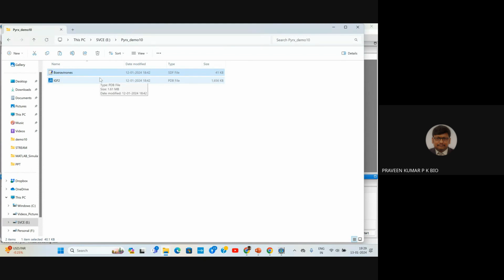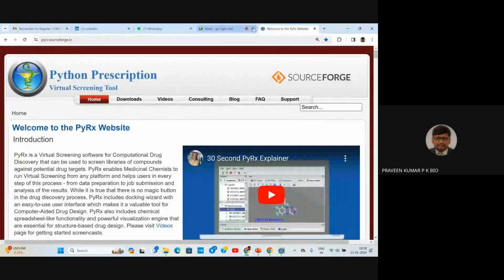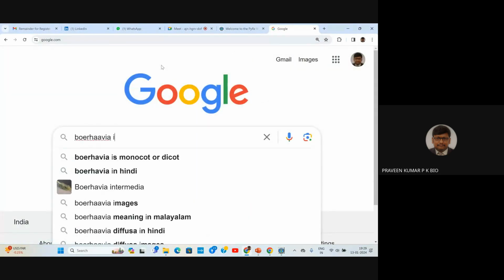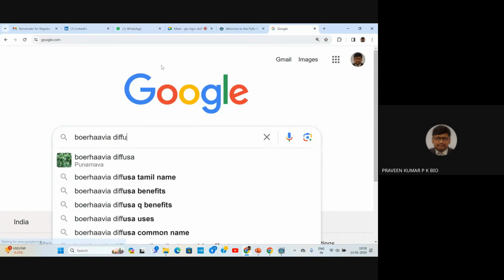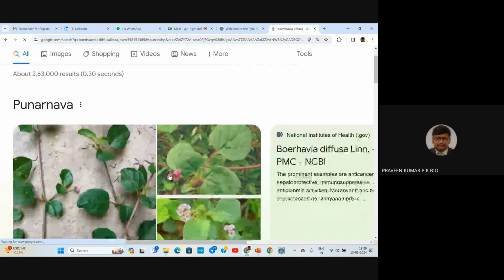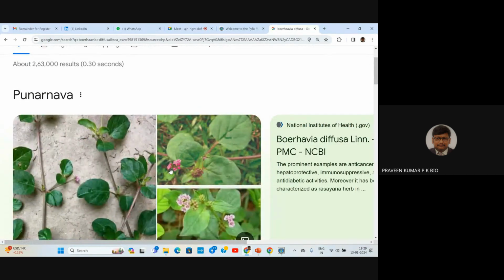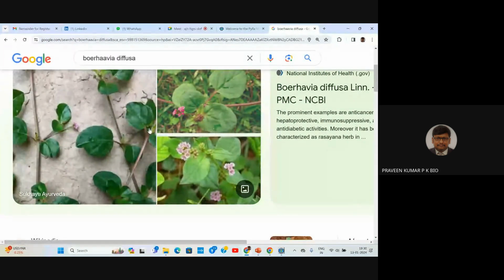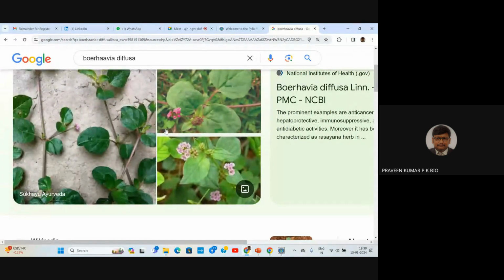This plant is generally used for reducing kidney stones. Even myself, when I faced a urinary infection, I took one or two tablets, and I found the urinary infection was reduced.